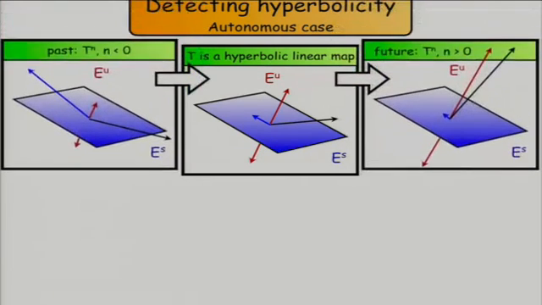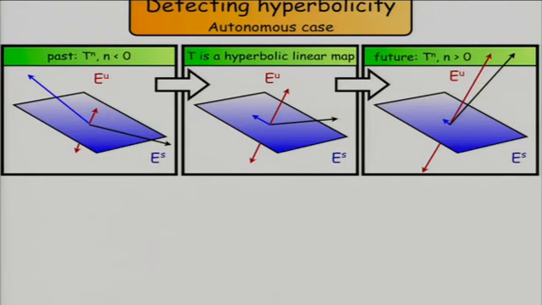If you iterate T in the future, you know that if you pick a vector in the unstable direction, it grows. And if you pick a vector in the stable direction, when you go backward in the past, it grows. And if you pick a vector in generic position, it grows in both the past and the future.